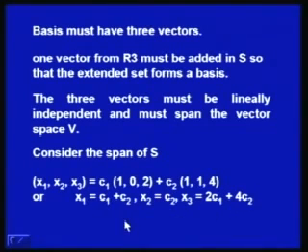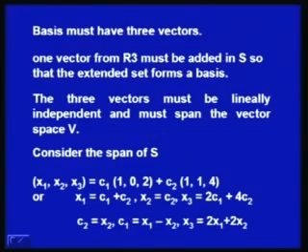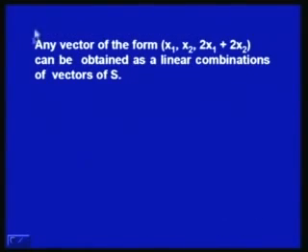If we solve these three equations, we will have c2 is equal to x2, c1 is equal to x1 minus x2, and x3 is equal to twice x1 plus twice x2. That means any vector of the form (x1, x2, 2x1 plus 2x2) can be obtained as a linear combination of vectors of S.